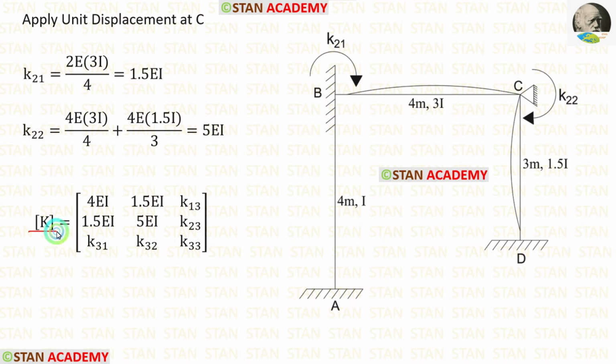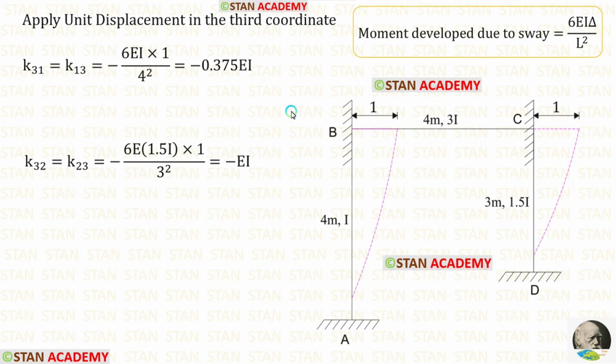In the K matrix, now we are going to find the third row. For that, we have to apply unit displacement in the third coordinate. The third coordinate is the sway. We have kept the coordinate towards the right side. So, towards the right side, we have to apply unit displacement.